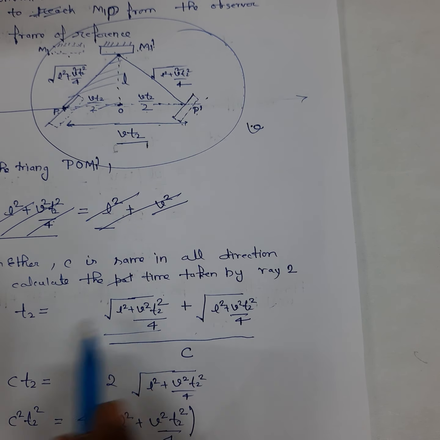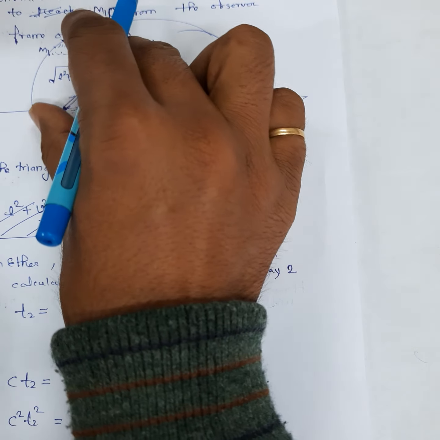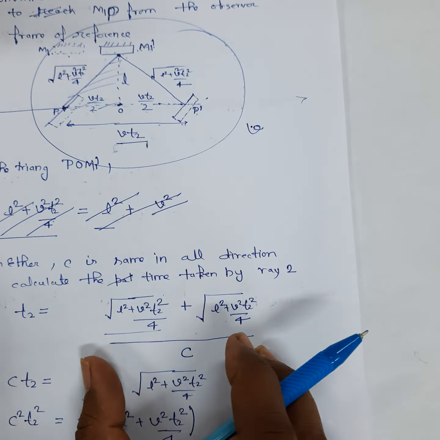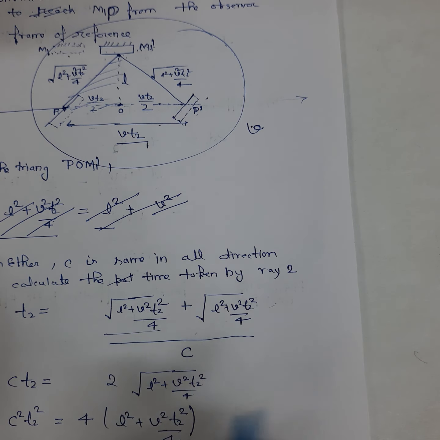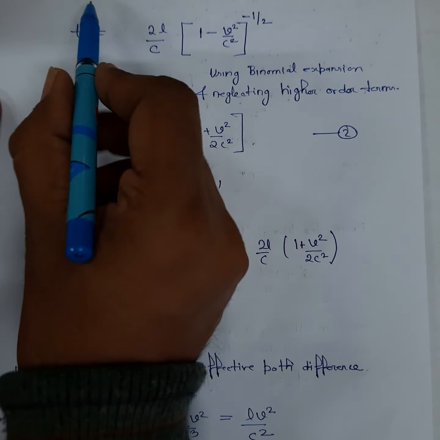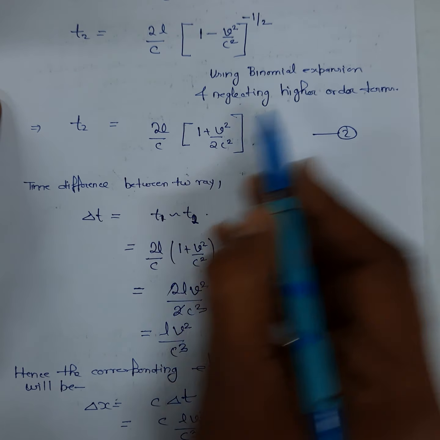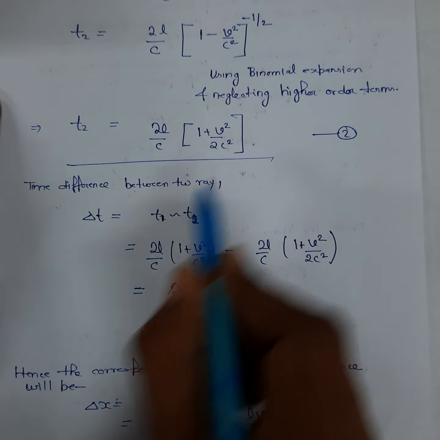So this time T2 will be this distance plus this distance divided by the velocity of light. We can further simplify this. Again, when we simplify using the binomial expansion and neglecting higher order terms, we will get this term.